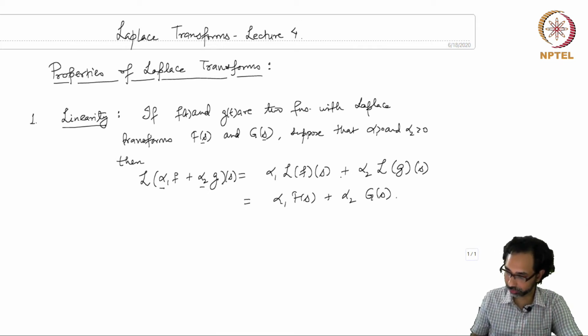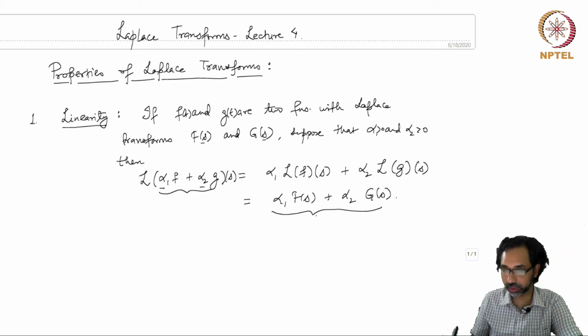So, here we should mention what is the region of convergence for the Laplace transform of this function. So, what is the region of convergence of alpha 1 F(s) plus alpha 2 G(s)?